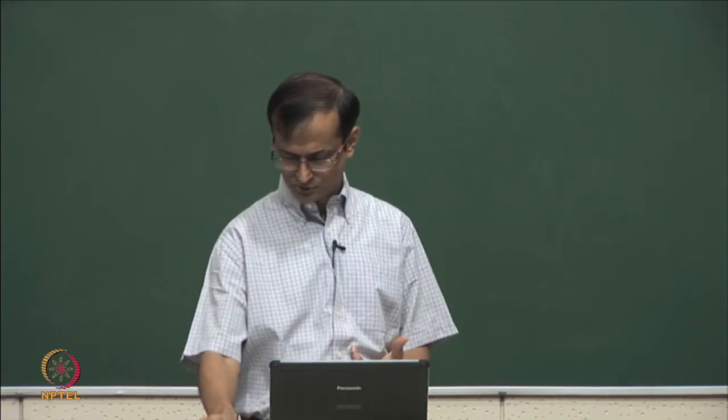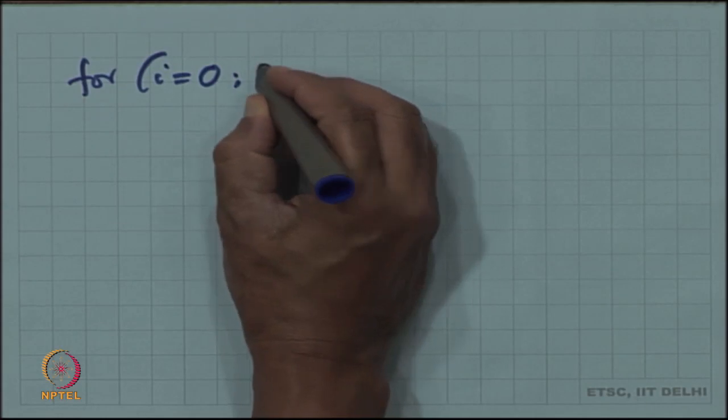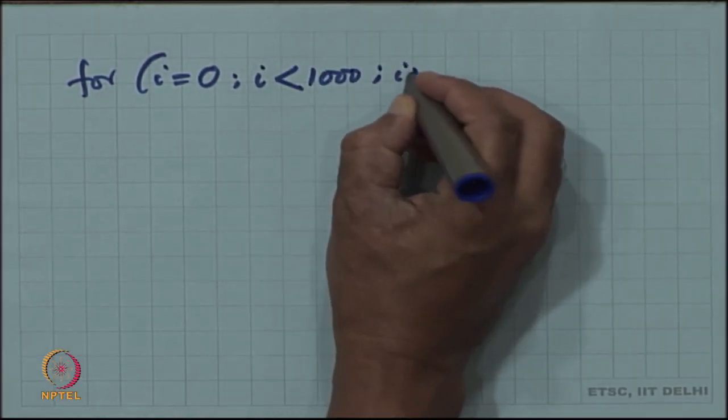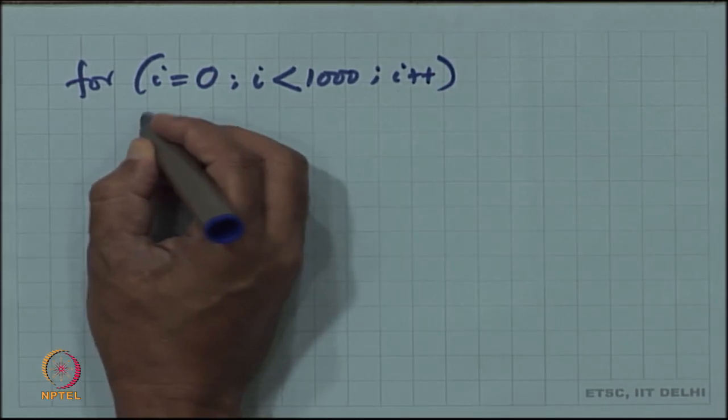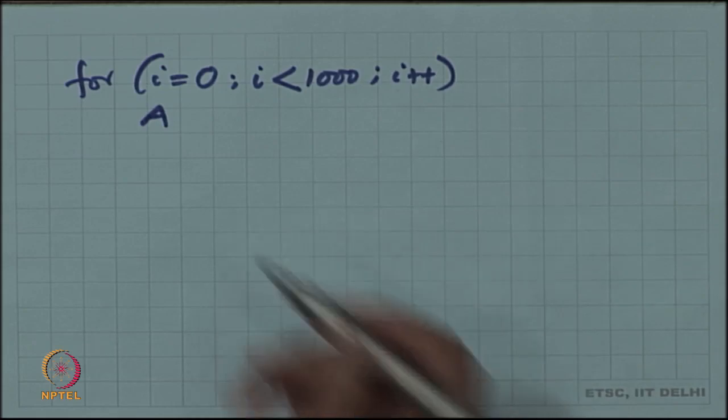If you have a loop that goes from 0 and that is the loop body. How do I unroll this 4 at a time?